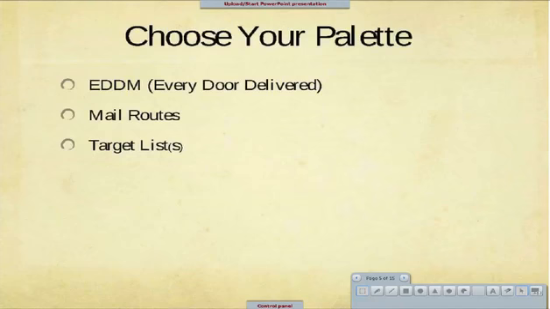Or are you going to buy a list and go after just the homes that fit your specific criteria? And obviously keep in mind that the cost of mailing to specific homes is more than the cost of doing every single house. The cost per hit is going to be more. So that is just something to be aware of when you're out there canvassing.